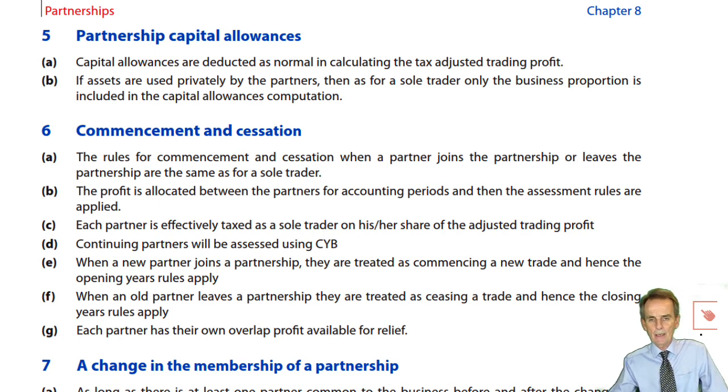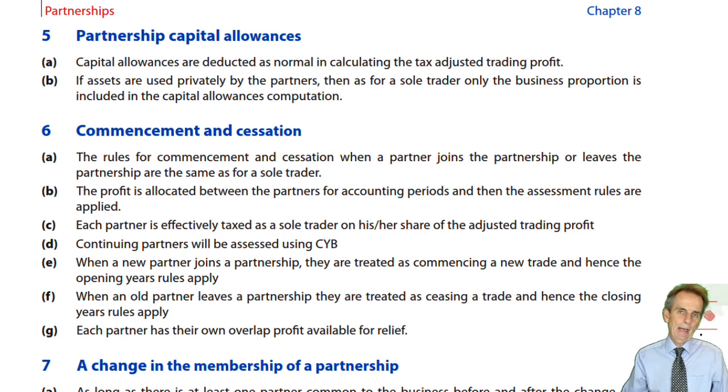What expenditure on qualifying plant and machinery has been incurred by the partnership, and the partnership will get its capital allowances, deducted from the adjusted profit to give you the tax adjusted trading profit. Only then, having got that tax adjusted trading profit, do we split that figure between the partners and use those individual profit figures assessed to each individual partner in determining in which tax year that profit will be assessed.